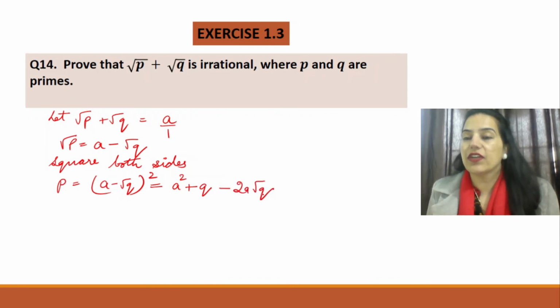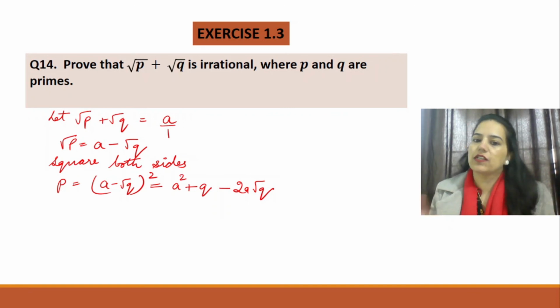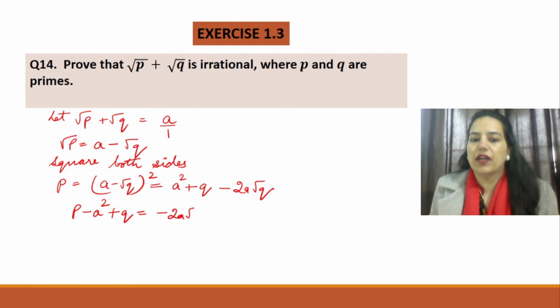So there is only one irrational term left here, root q. So we will keep root q on one side and transpose all the others to the other. So I'm getting p minus a square plus q is equal to minus 2a root q, or root q will be equal to p minus a square minus q upon minus 2a.